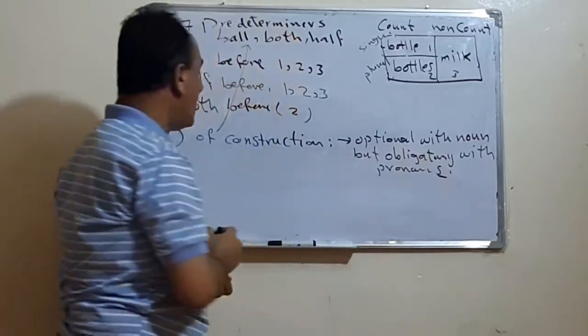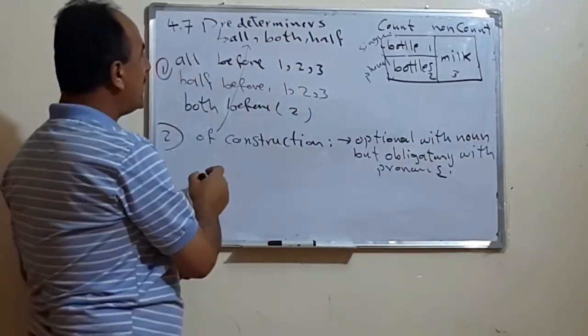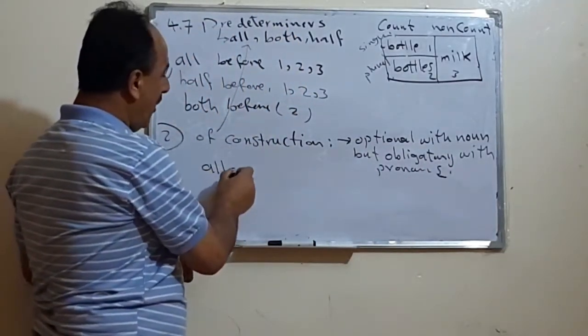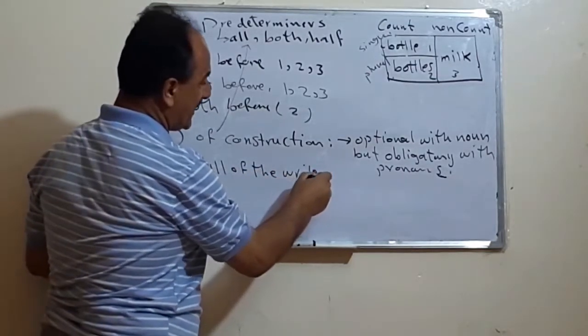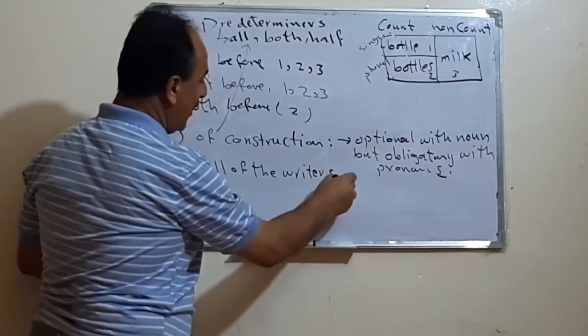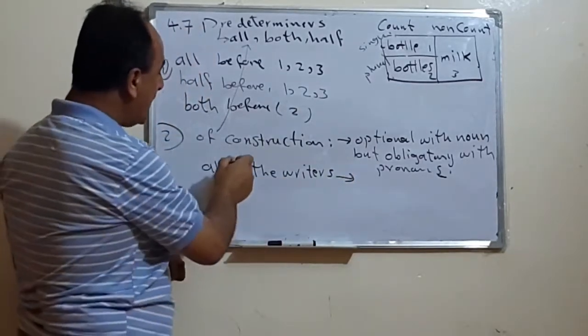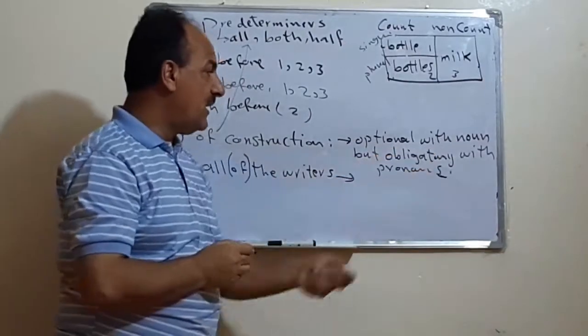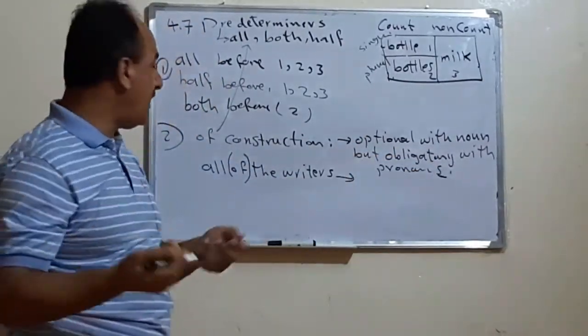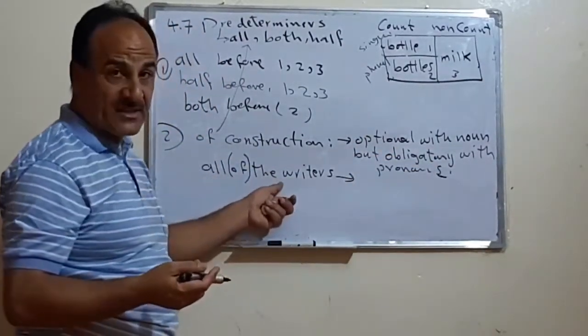For example, we say all of the writers. Here it is optional, which means we can say all the writers.